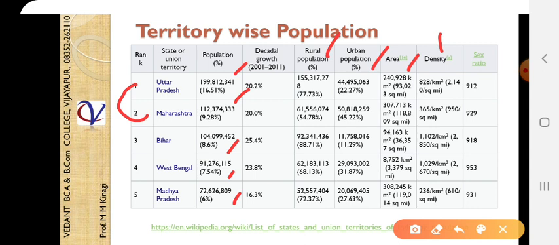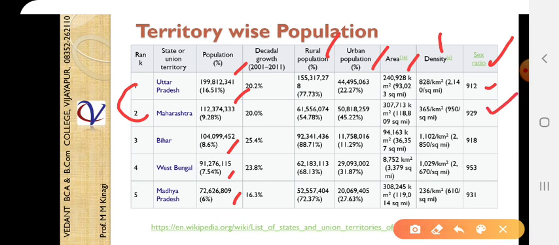Then the sex ratio. See here, per 1,000 men there are 912 women in Uttar Pradesh. Just imagine how much of a deficiency there is for females in UP. If you take Maharashtra, 929 women are there for 1,000 men.